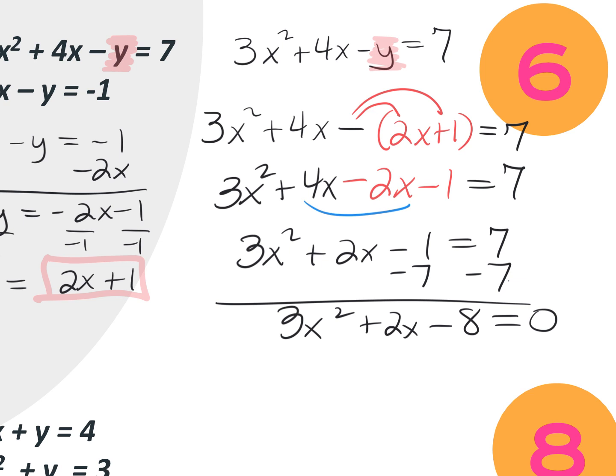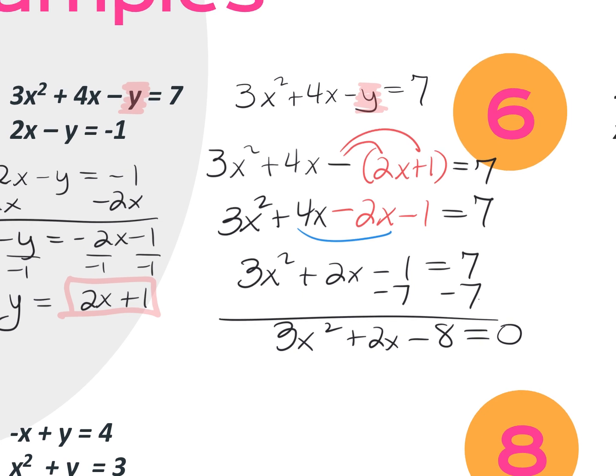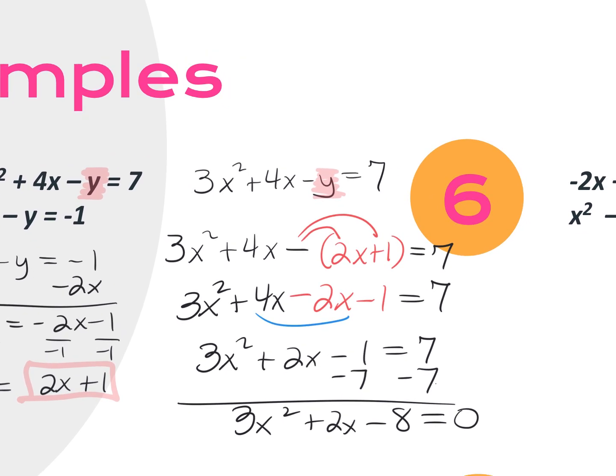Now, you could technically also use the quadratic formula if you would prefer to get your two x values. I'm going to factor. Factoring is usually faster. If you're good with guessing and testing, you can. If not, factor by grouping. So let me go up to the top here and factor it up here. 3x squared plus 2x minus 8.